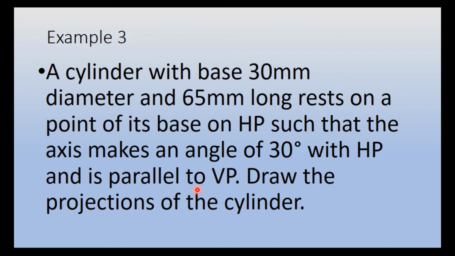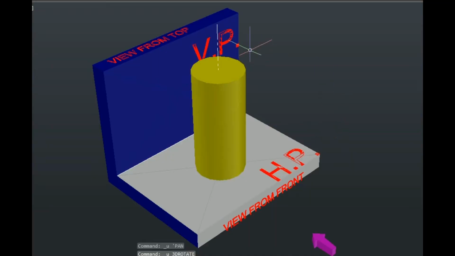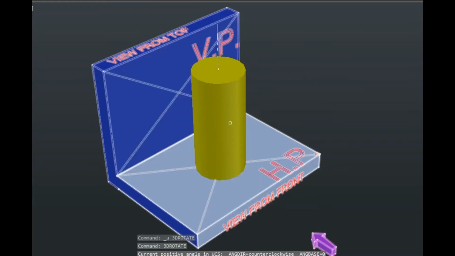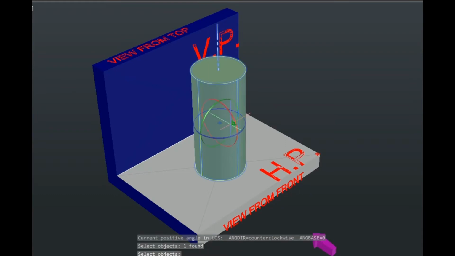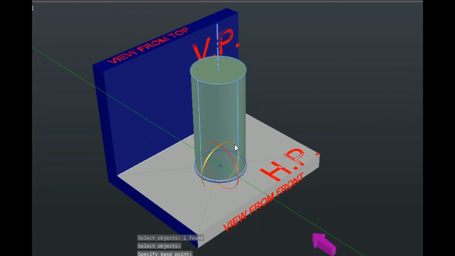So first we will see how to imagine this. Now on your screen, the cylinder is directly resting on the horizontal plane. But in this question, it is mentioned that it is inclined at 30 degree angle to the horizontal plane. So the angle of inclination is 30 degree angle. I will tilt this cylinder with respect to horizontal plane.